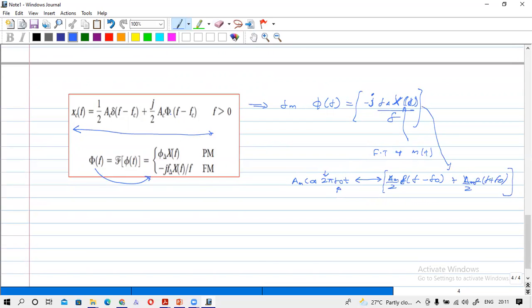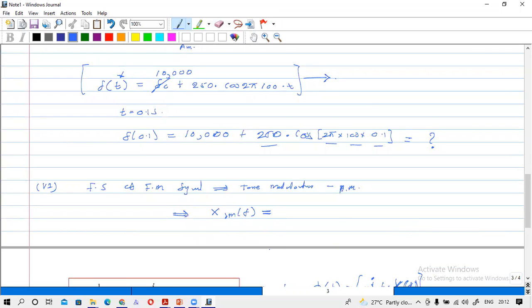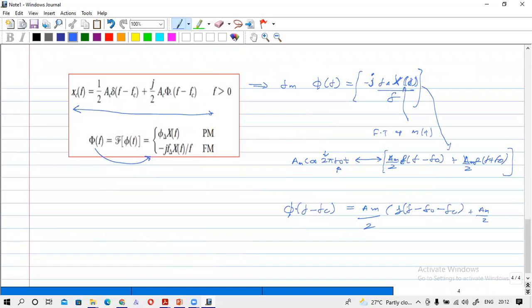Here you have to substitute f minus fc. So we simply shift this: delta(f minus f0 minus fc) plus Am by 2 delta(f plus f0 minus fc), plus half delta(f plus f0).